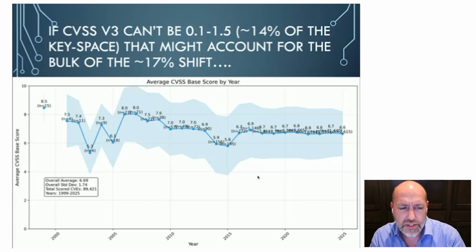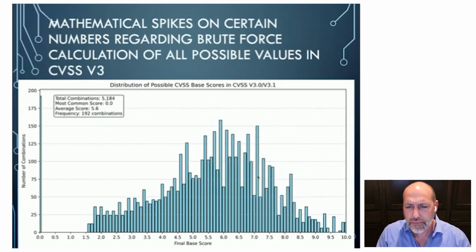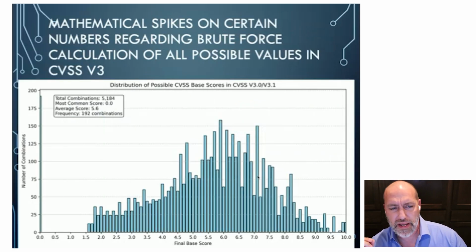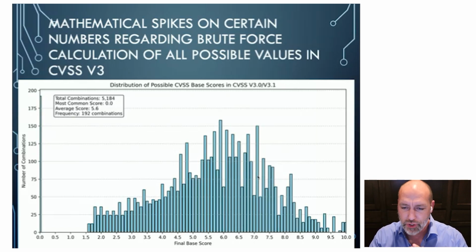Well, that 1.08 multiplier and the round up does account for some of this, but not all of it, but some of it. So then I wrote a calculator that basically brute forces all possible combinations of CVSS version 3 to see what possible combinations you'd get if you multiplied every single value and tried every single thing.